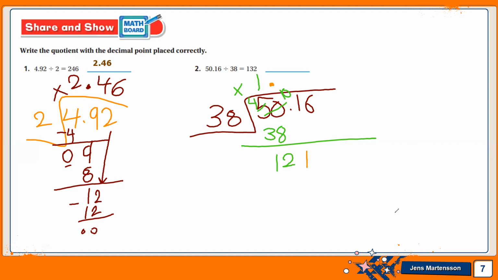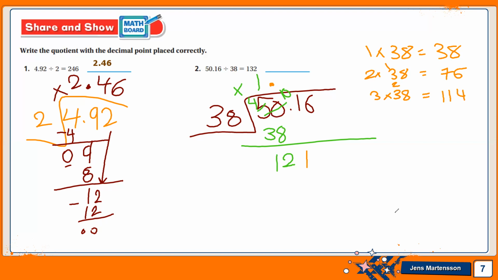Then call number 1. Then 121 divided by 38. Yes. 1 times 38 is 38. 2 times 38, 76. 3 times 38, 24. 3 times 3, 9, 114.